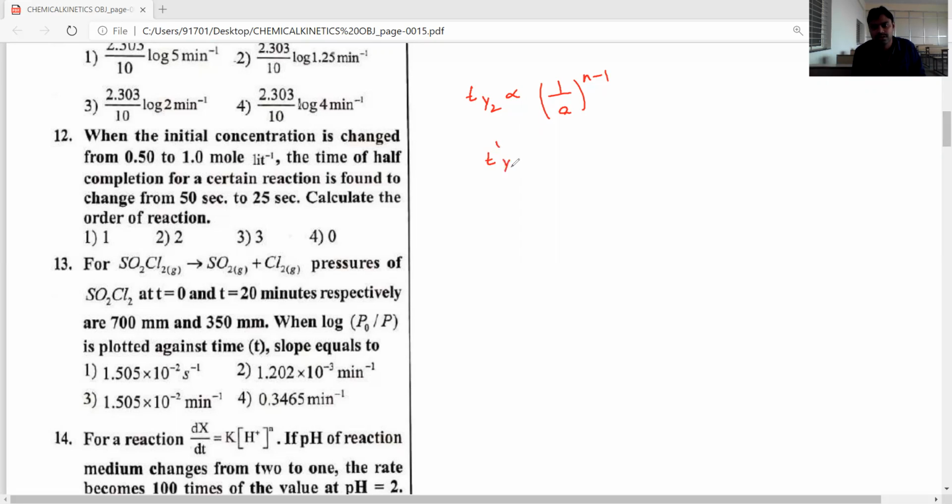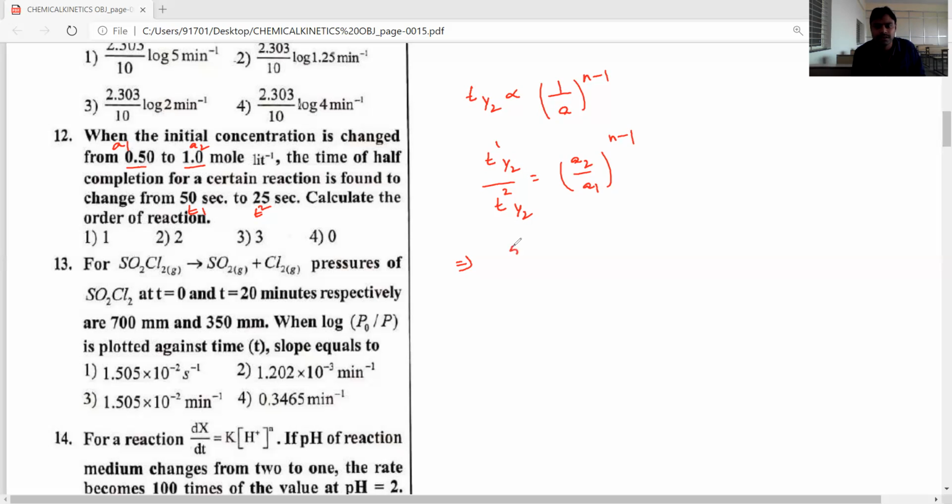t half 1 by t half 2 is equal to a2 by a1 whole to the power of n minus 1. Here the concentration is changed from 0.5 to 1.0; this is a1, this is a2. Half-life periods t1 is 50 and t2 is 25.